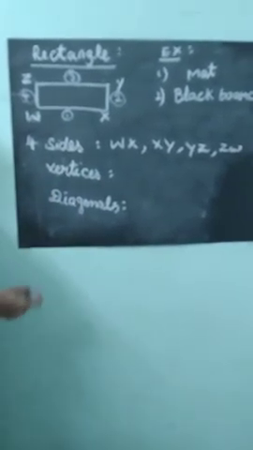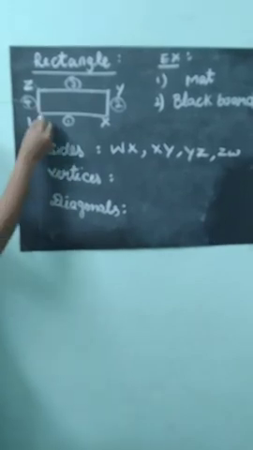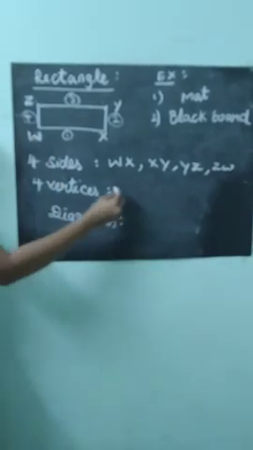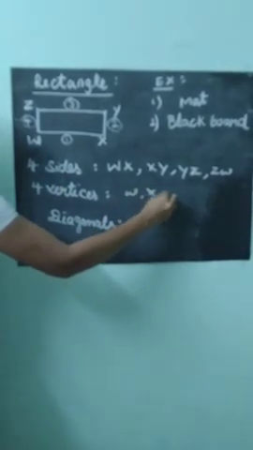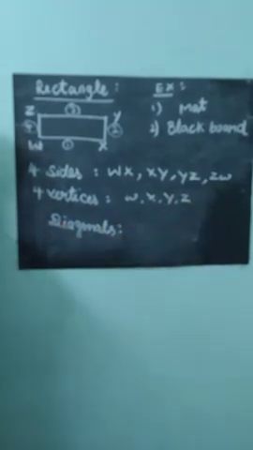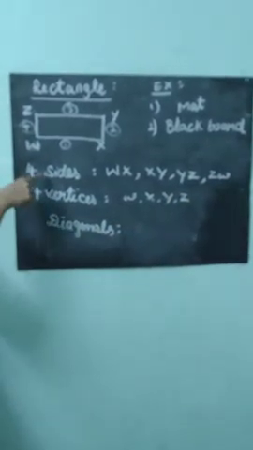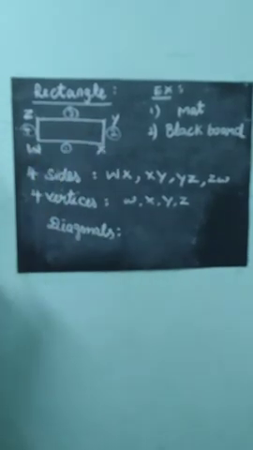Now next one is vertexes. How many vertexes are there? Vertexes means corner. 1, 2, 3, 4. 4 vertexes are there. What are they? W, X, Y, Z. But we already saw that in a square all the 4 sides are equal. Isn't it?